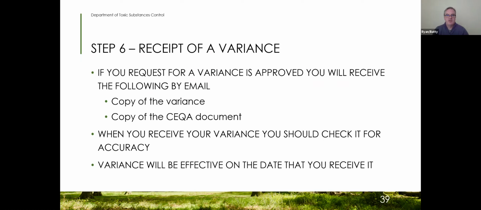That's a process that the department is required to follow when we make discretionary decisions. The last presentation we did last week had some additional information on the CEQA process. So if you'd like to learn more about CEQA, I'd encourage you to look at the presentation slides from the webinar last week.